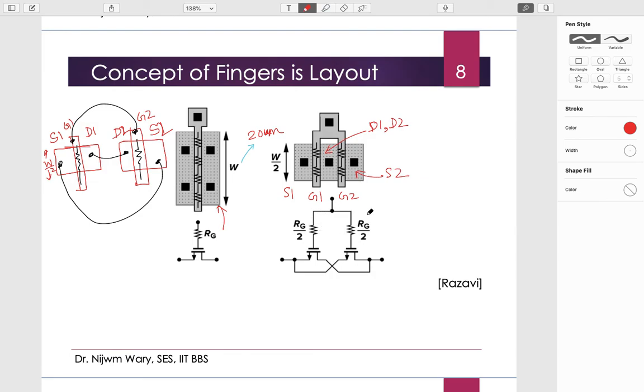That's the advantage, and this is basically called fingers. Even in the layout, it will ask you, if you are drawing a transistor, how many fingers you want to keep. This is called the fingers.